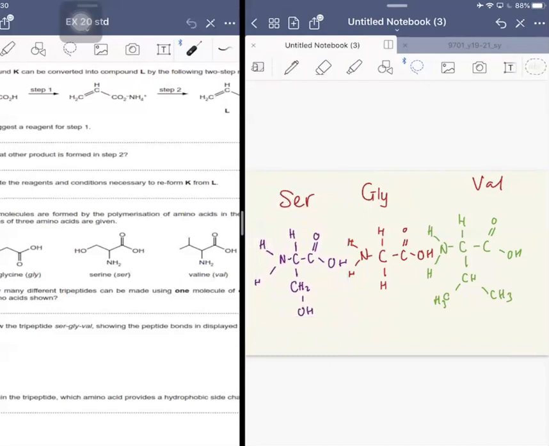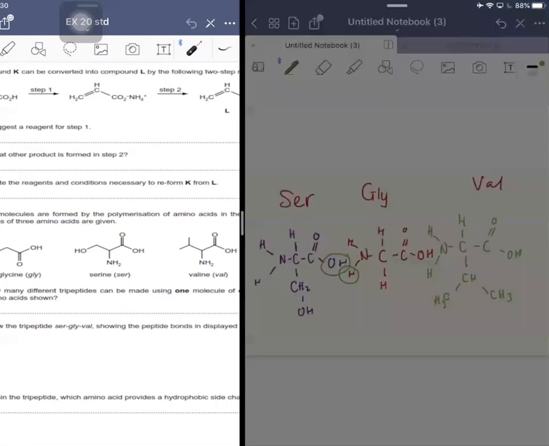During condensation, you're losing OH from the carboxylic acid and you lose hydrogen from the amine group of the next amino acid. So please draw the correct structure when OH is lost from the acid and hydrogen is lost from the amine group, remembering that there should be a new single bond forming between carbon and nitrogen.